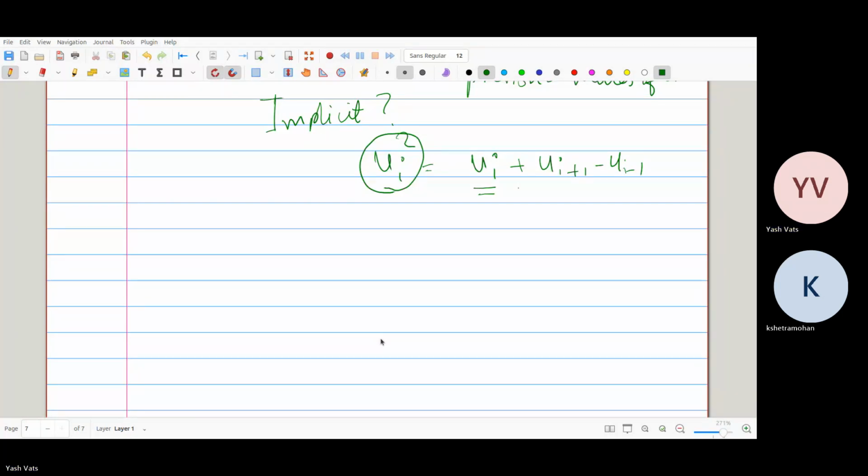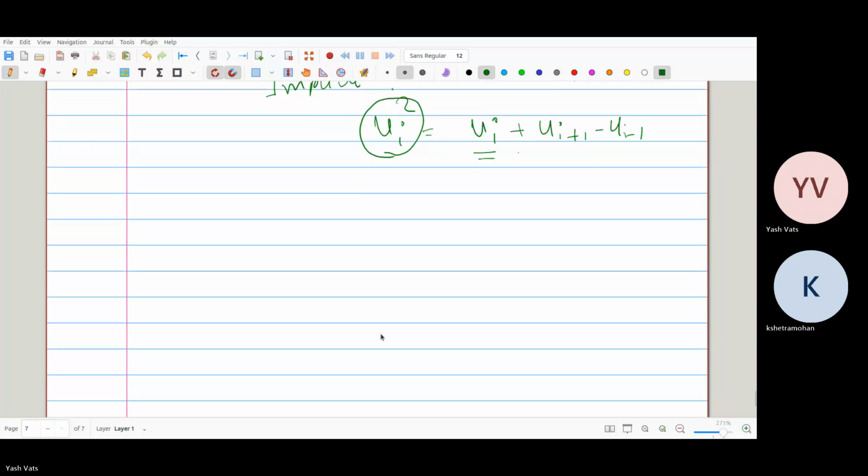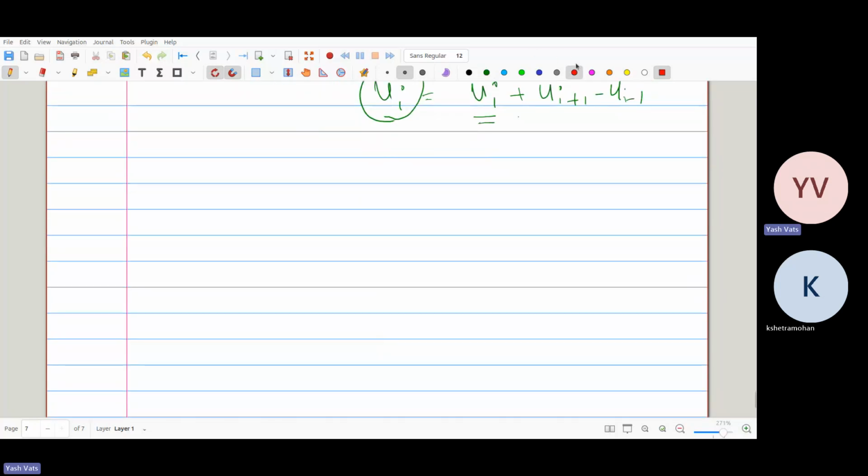I will go with a different method, the method of lines.